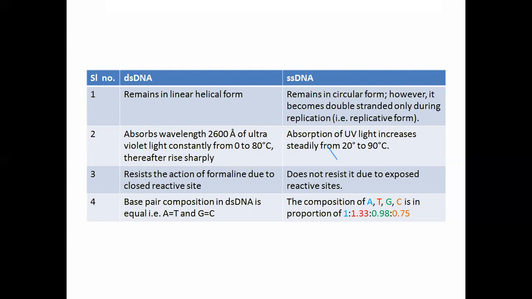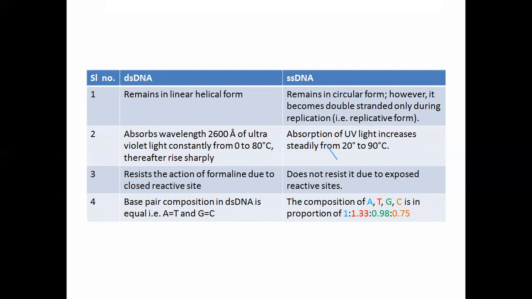Okay, and one important difference is that the base pair composition in double-stranded DNA is equal. That is, purines are equal to pyrimidines. Adenine is equal to thymine and guanine is equal to cytosine. But in single-stranded DNA, these are not equal.